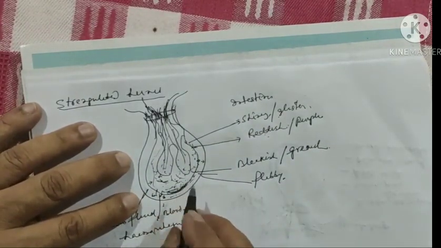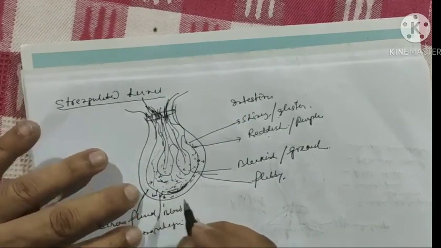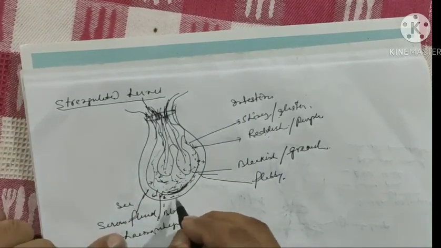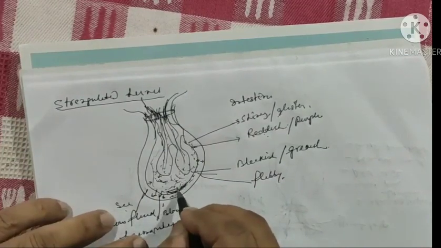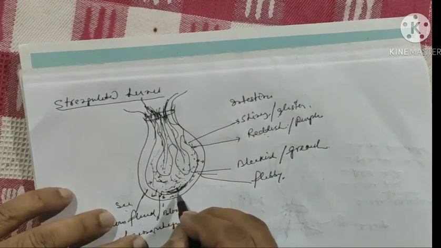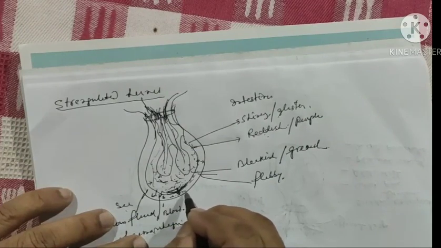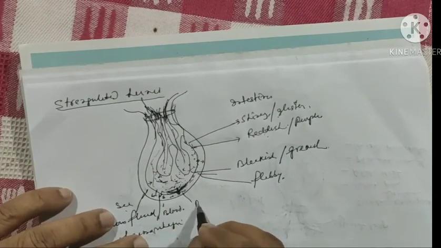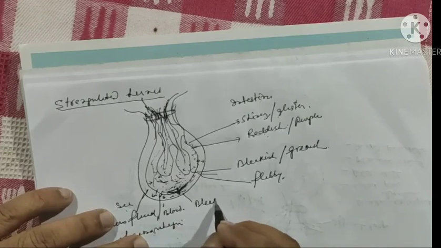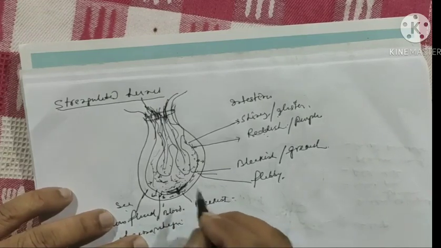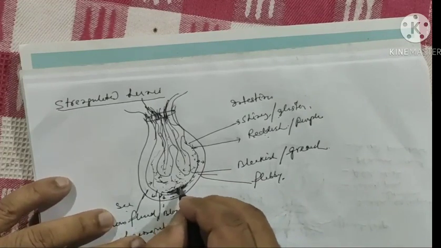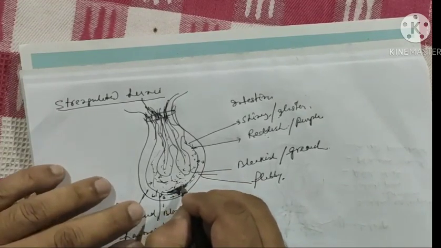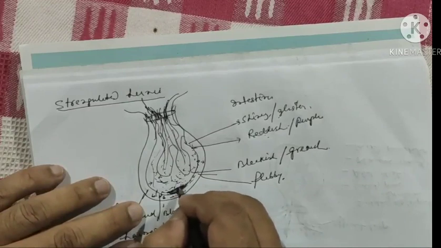So the contents of this sac will initially be serous fluid, then become hemorrhagic, and if it is ischemic, it becomes blackish. The RBCs also become hemolyzed and become blackish in color. Because of the necrosis or the gangrene formation, there may sometimes be perforation.